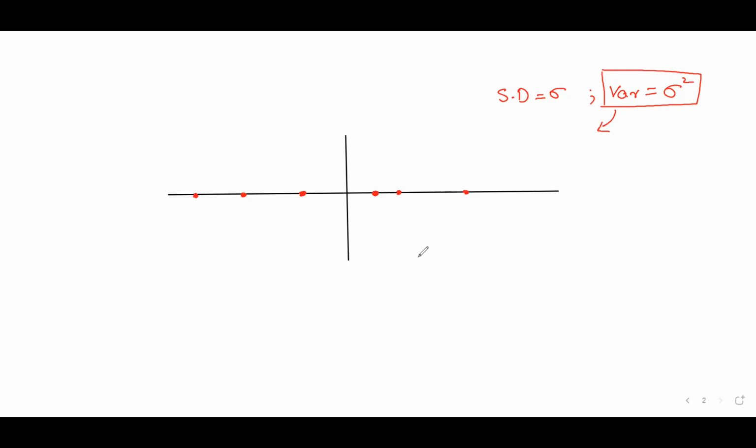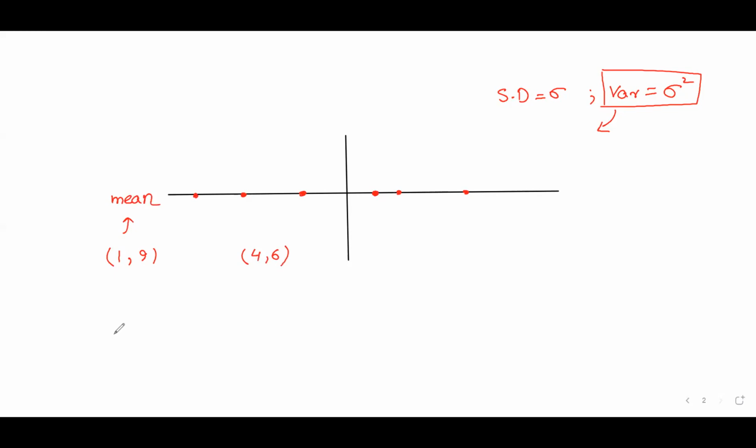So for example, I have two numbers, let's say 1 and 9. These are two numbers. And I have other numbers, let's say 4 and 6. These are two different numbers. Okay, what will be the mean in here? What will be the value of mean in here?